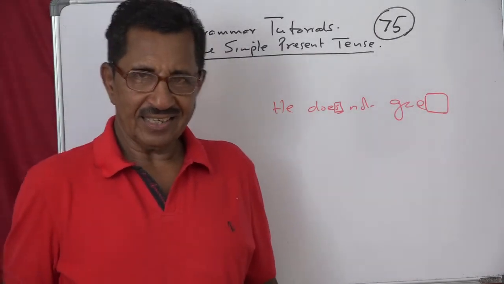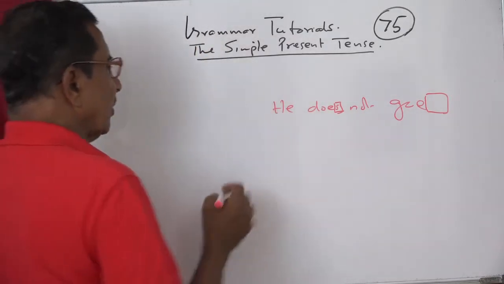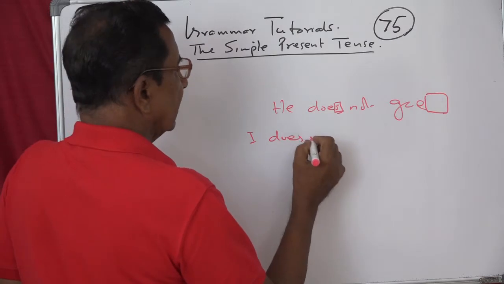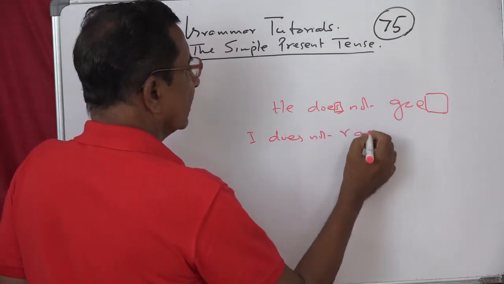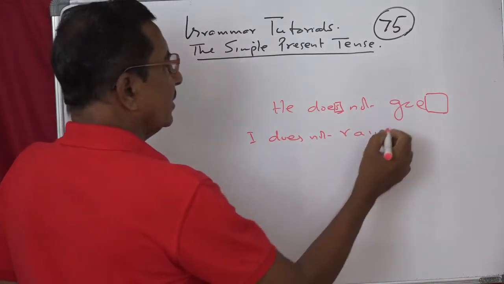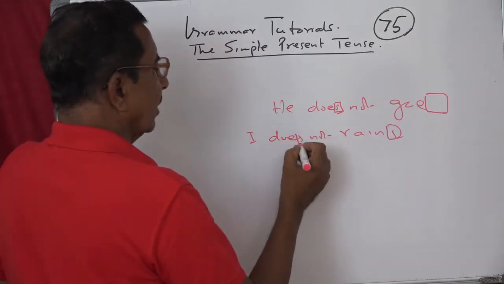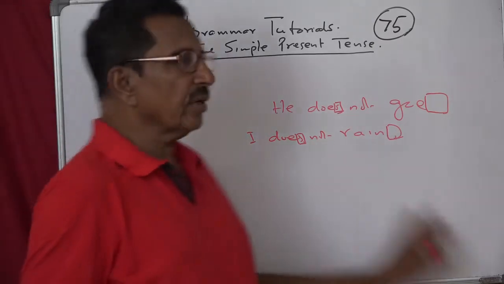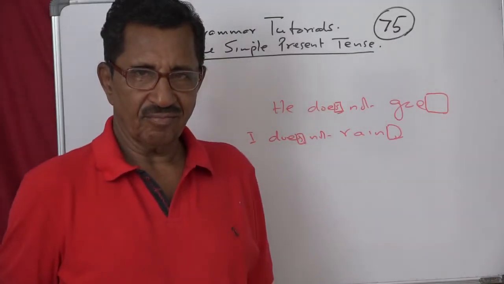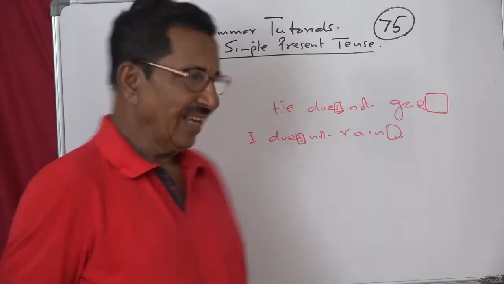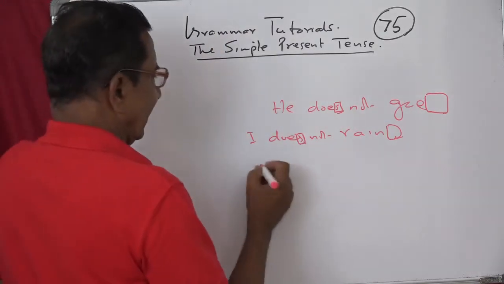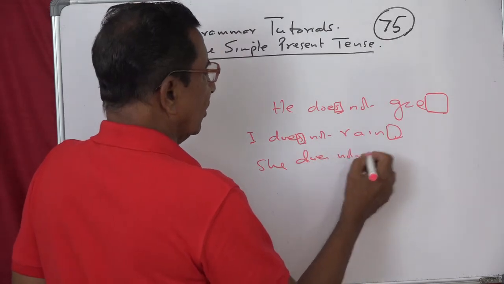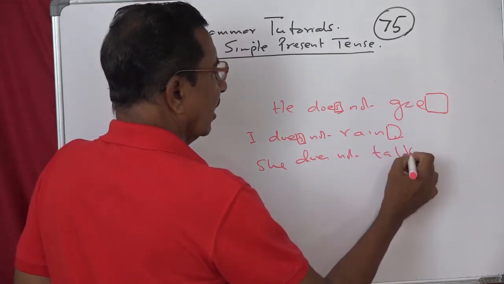Understand? Or you should not say it does not rains. Why? Because this S has already been taken and added here. So there is no S here. It does not rain. Or she does not talks. Wrong.